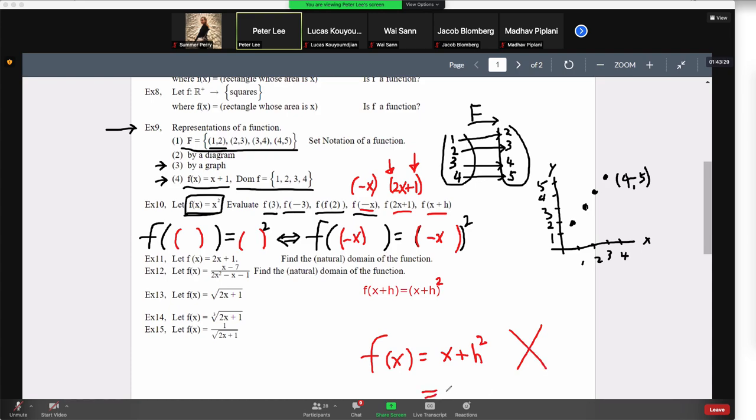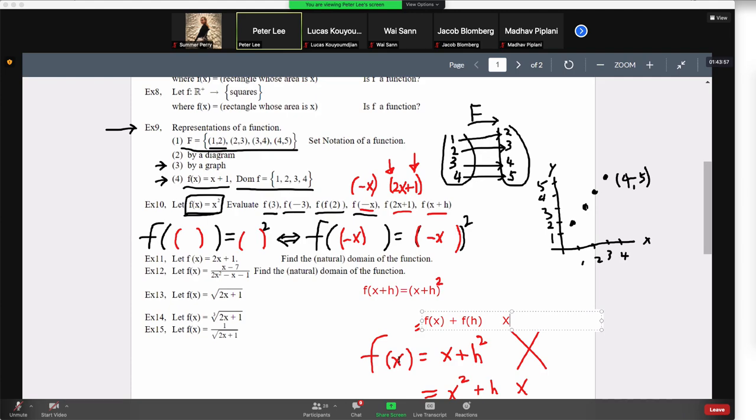If you say this is equal to x squared plus h, that's wrong too. If you say that this is equal to f of x plus f of h, wrong. All of these are wrong, basically.